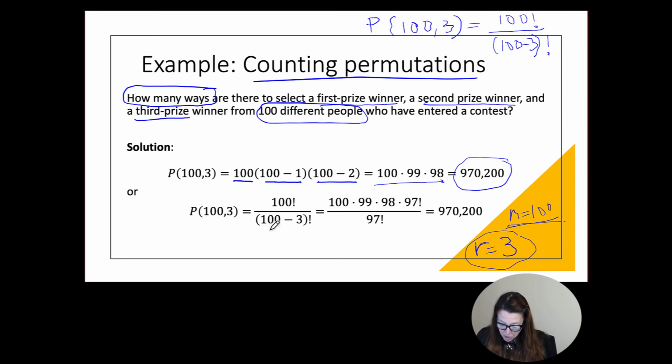And remember, what this looks like is 100 times 99 times 98 times 97 factorial over 97 factorial. So these cancel each other out, and what we're left with is the same answer.